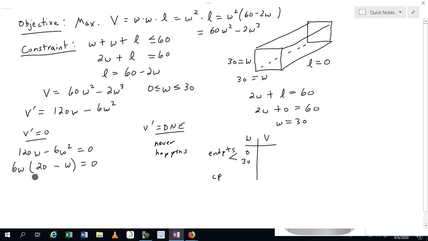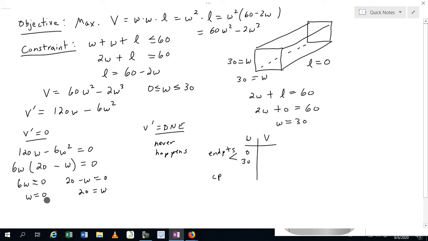This gives you 120W, and this will give you minus 6W squared. And then just solve both of these by setting them equal to 0. So here you divide both sides by 6, and you get 0 for W. And then this one, you set it equal to 0, add W to the other side, and you just get W is equal to 20.